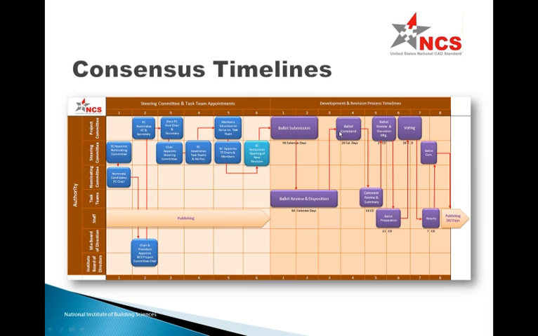That comment period is usually 28 calendar days. It can be increased if need be by the project committee or by the steering committee. Following the comment period, there is a review and summary period.